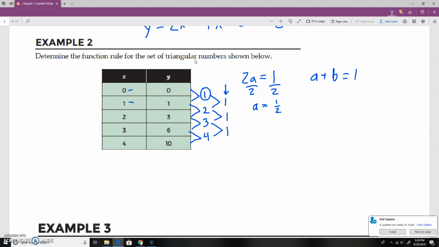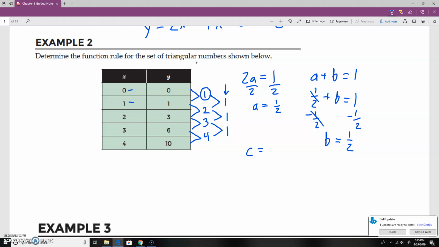I plug my a value in: 1/2 plus b equals 1. I'm going to subtract 1/2 from both sides, and 1 minus 1/2 is just 1/2, so b is also 1/2.